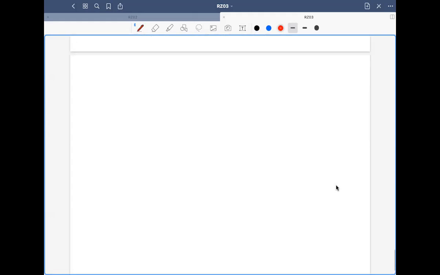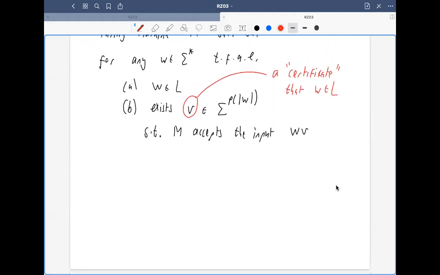Okay, well, I've got some more examples to give, but I think I'll save the examples for next week. I do just want to say something about the proof of this theorem. But I don't want to give it in detail. I just want to give it at a very, very high level.